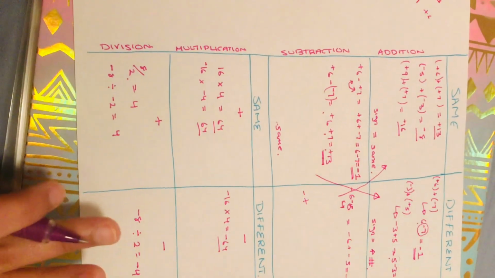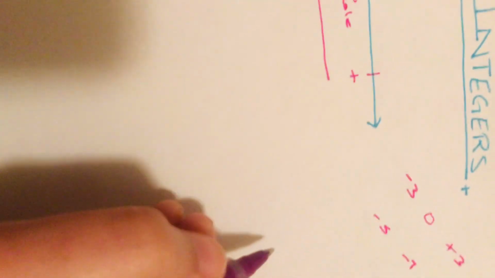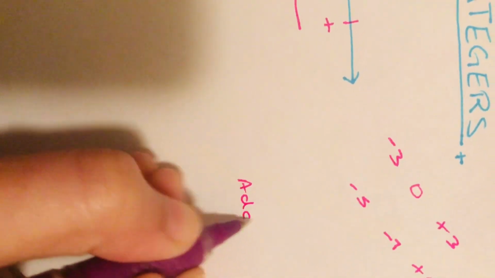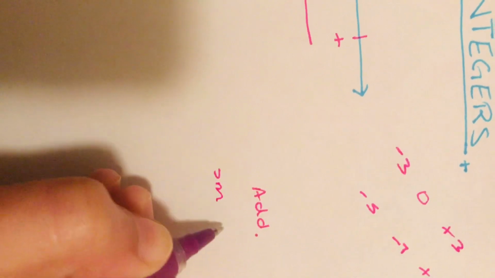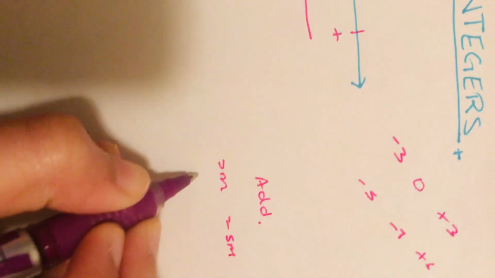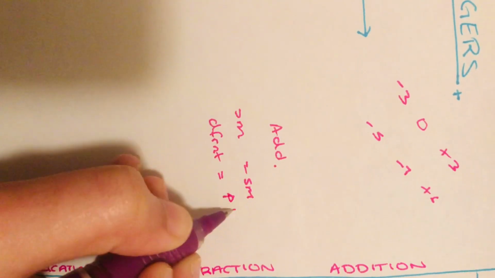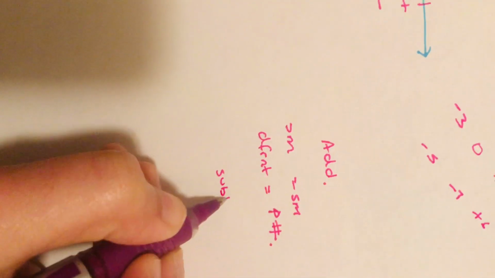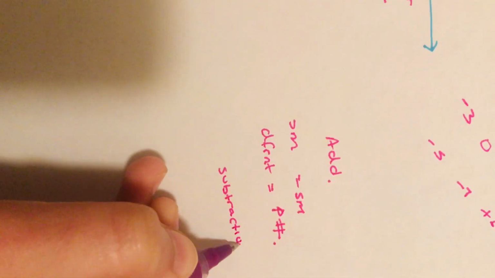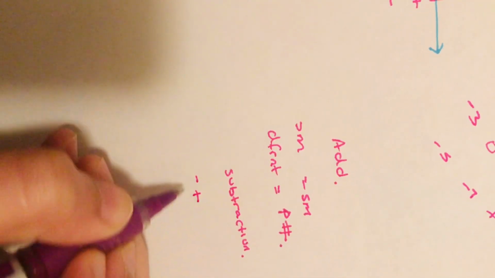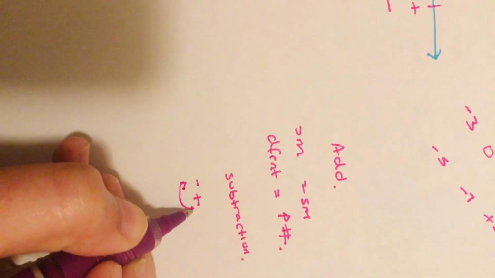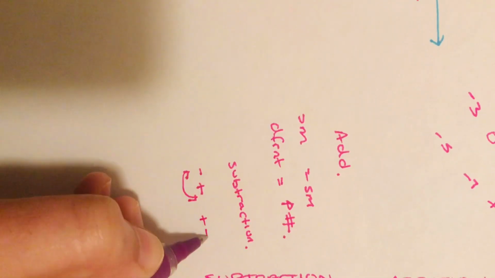So we have covered all the operations, and the rules are really simple. Let's just look at a summary. For addition, same signs remain the same. Different signs, take the sign of the bigger number. For subtraction, if you have negative positive, always interchange it to get positive negative.